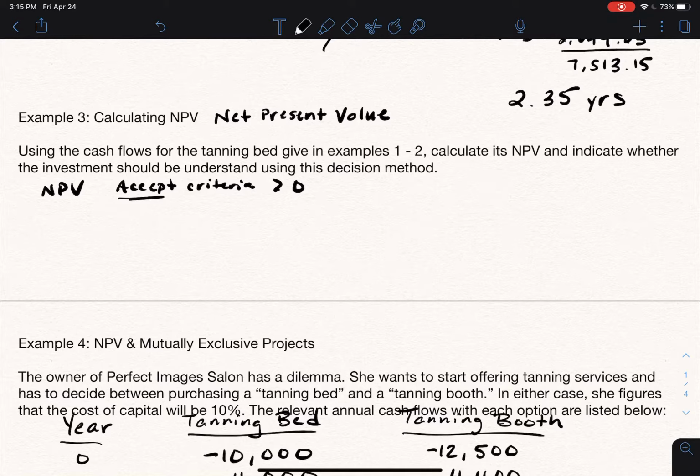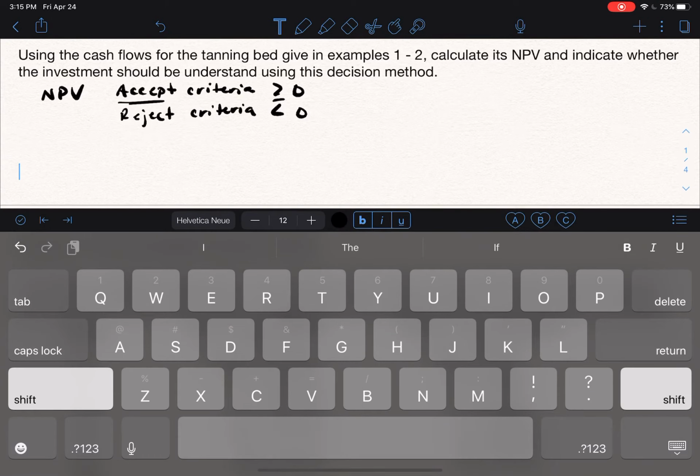And the reject criteria is if it's less than 0. So if it is, I should have said, if it's greater than or equal to 0, then it is considered to be a profitable project. If the answer to what we're about to do is less than 0, then you reject it. And it truly is that simple. So I'm gonna try to give us some space here.